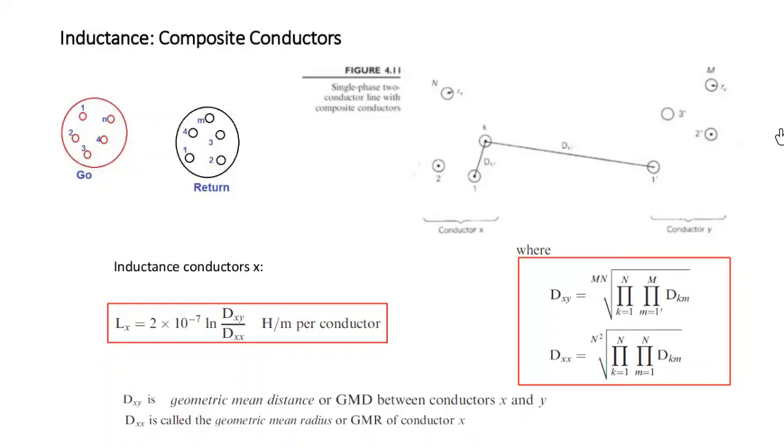We call it conductor Y. We have also 1 prime, 2 prime, until M prime, other subconductors. They are not equal in number of subconductors.